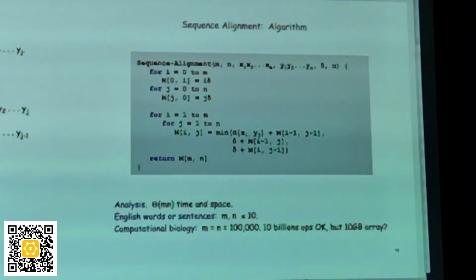So if they match, that alpha of xi, yj will be 0? Yeah. Somewhere you would have a simple procedure that says, let's look at these two characters and figure out what they are, and it gives you a cost.